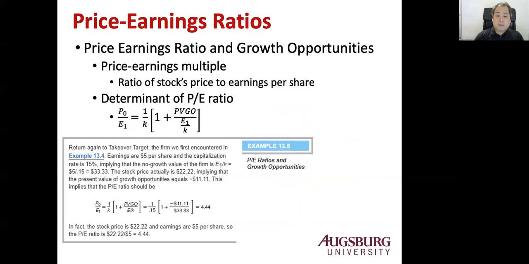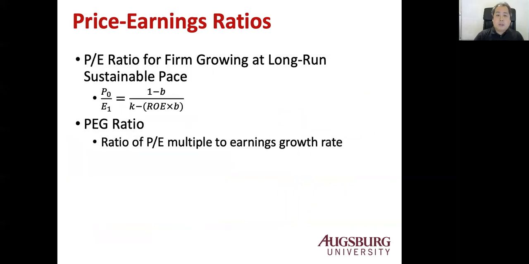So what's the meaning of this PE ratio? The PE ratio can also be rewritten like this. First of all, ROE times b equals the growth rate. So it's actually the same as 1 minus b divided by k minus g.